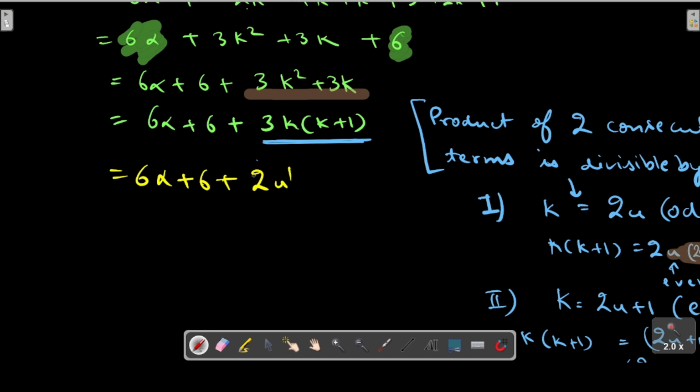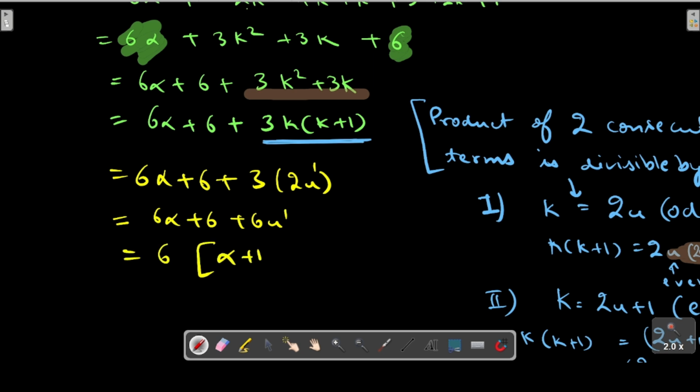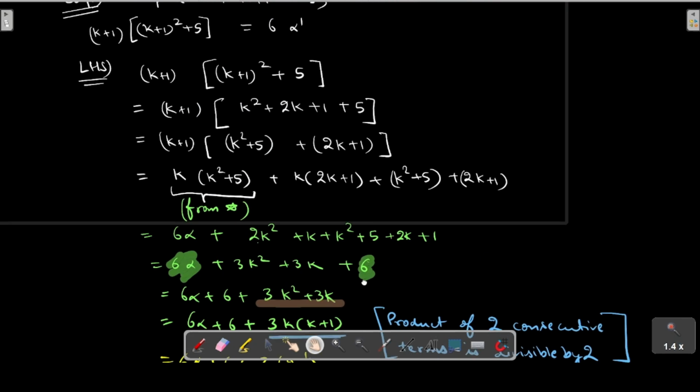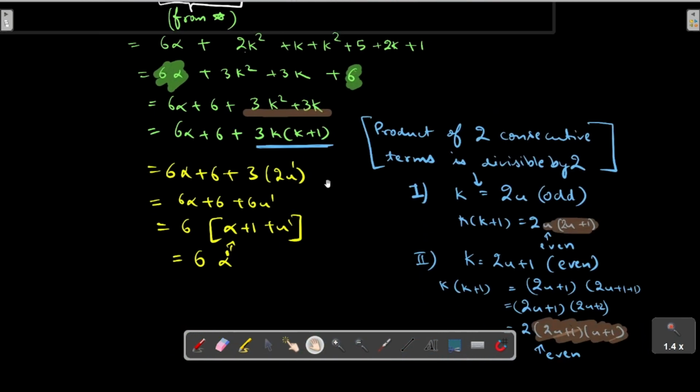Some even number, and here there is a 3, then k (k plus 1) will be some 2u dash type. So it's 6 alpha plus 6u dash. If I pull out a 6, it will be 6(alpha plus u dash). Let's say this entire term is equal to alpha dash, right? That's what is required, and hence our result.